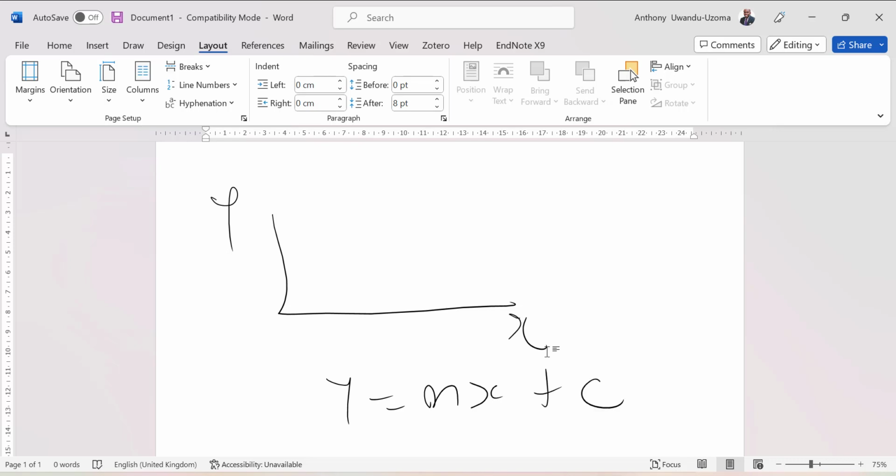So now this m can be 1, or it can be 2, it can be anything. So when x is, let's say, 7, and the slope is 2, and maybe the intercept is 3, now what will be our y? Our y will be 2 times 7, 14, plus 3. That will be what? 17.